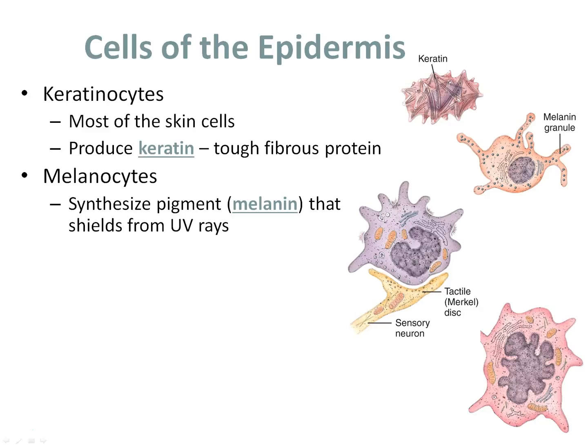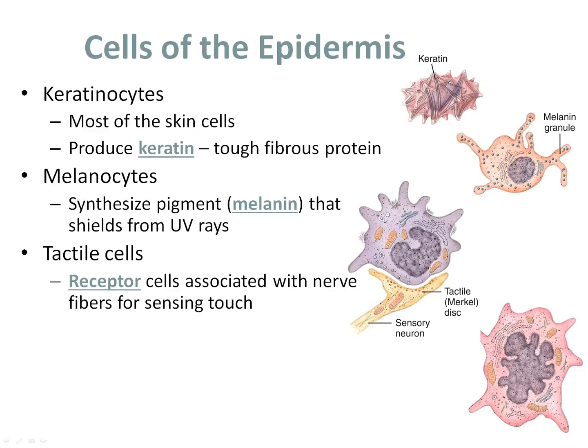These melanocytes synthesize pigment, and this pigment is called melanin. This is what shields us from UV rays. So when we're exposed to lots of UV light from the sun, we have melanocytes that are stimulated to produce more melanin. That melanin gets spread out to our keratinocytes and gives us a tan. That tan color actually protects the cells underneath that layer.